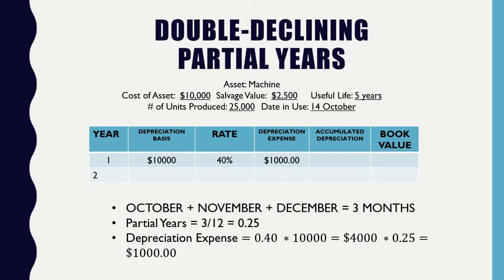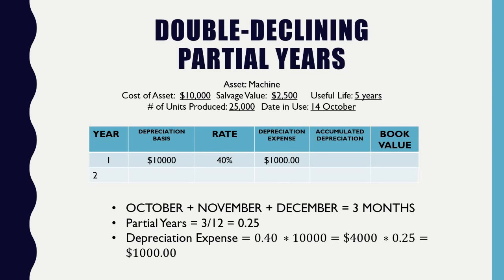And you'd be able to solve it the same way too. But once again, the easiest way to look at it is to take your overall depreciation expense, because we already know that's for the whole year, and figure out what is 3 months out of the 12 months.